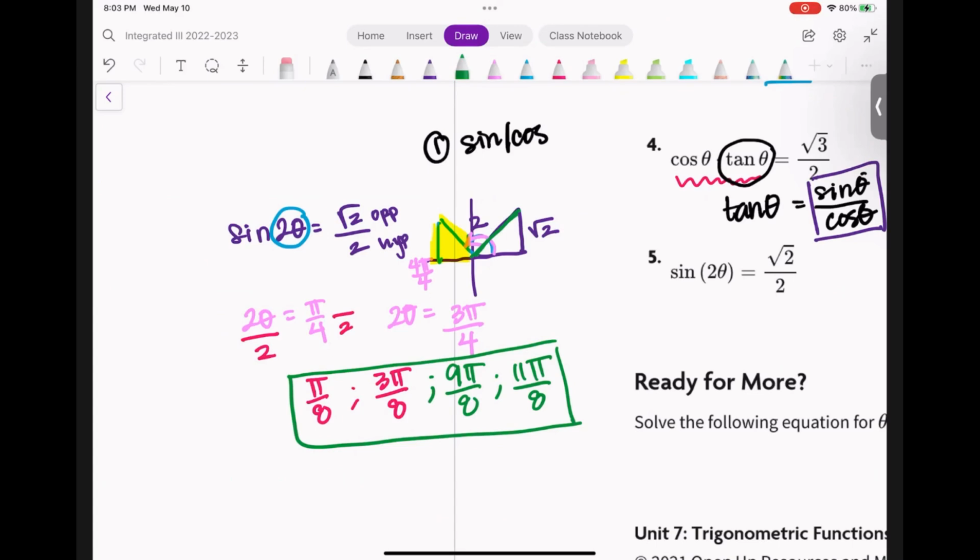And some of you are like, no, we could add, exactly. So stay tuned for the next video because we're going to talk about that as well, so that you can learn how to find all the solutions in the very first rotation.